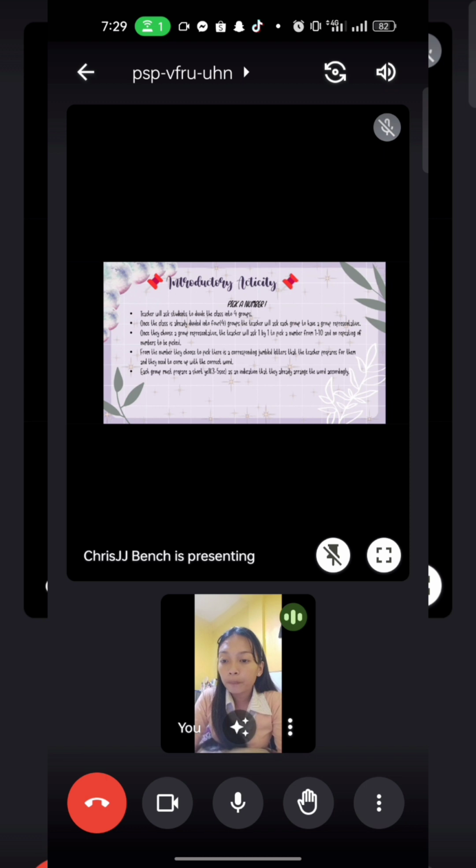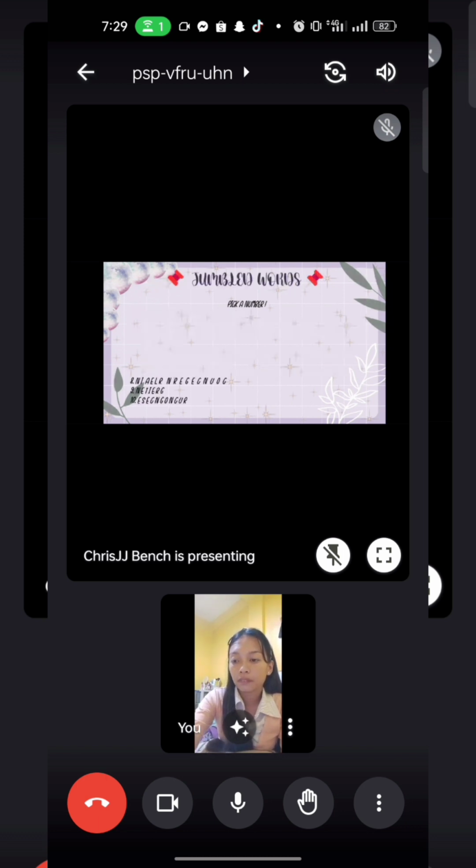Kindly form your 4 groups right now so that you can pick your number. Here are the jumbled words. Group 1, which number would you choose to pick? Number 3. Group 2, number 5. Group 3, number 7.